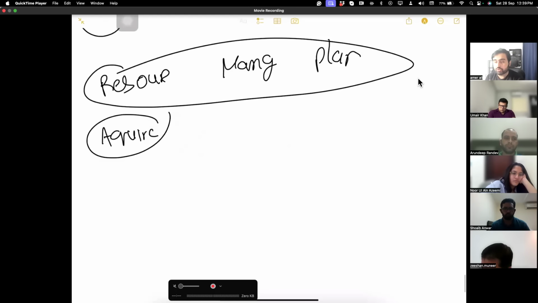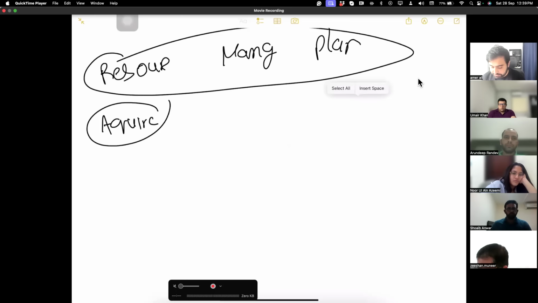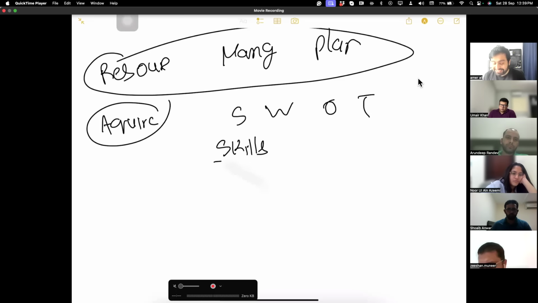For example, whenever I am starting a team, I need to do SWOT analysis: strengths, weaknesses, opportunities, threats. I need to identify what skills are needed and what their level is. Let's say level 1 is a new beginner and level 5 is an expert. Everyone will cost differently.